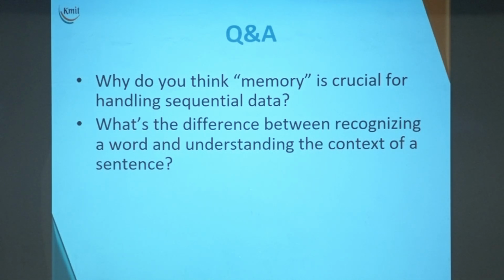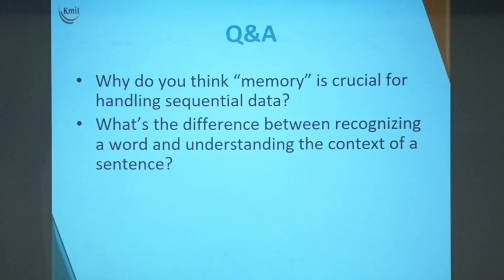What is the difference between recognizing a word and understanding the context of a sentence? Very good. So, understanding context is very important. Giving irrelevant answer is a different scenario.